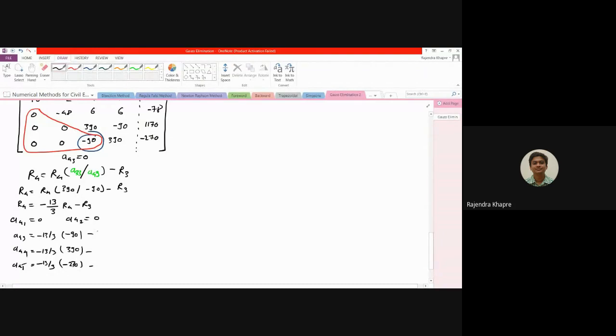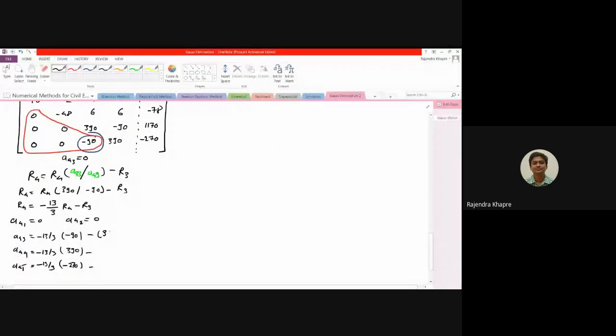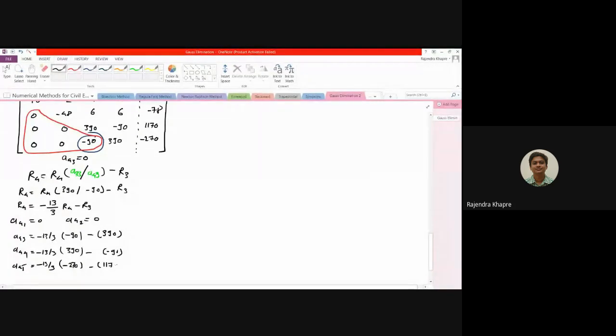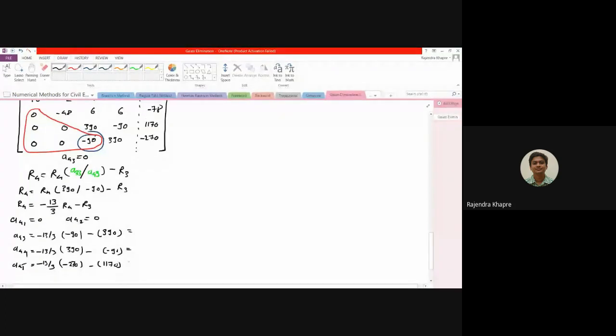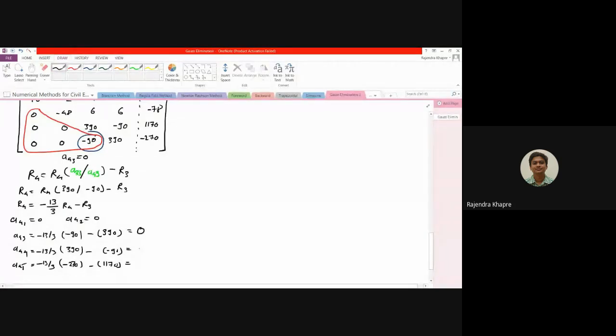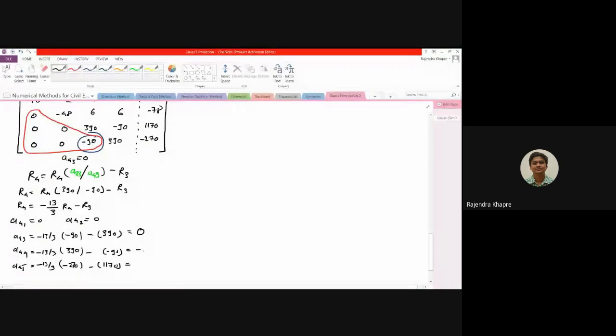Okay, R3 is here, this is 390. Here you have minus 90, and here you have 1170, isn't it? So can somebody give me what are the values? This will be 0 definitely. How about this one? Minus 1600.